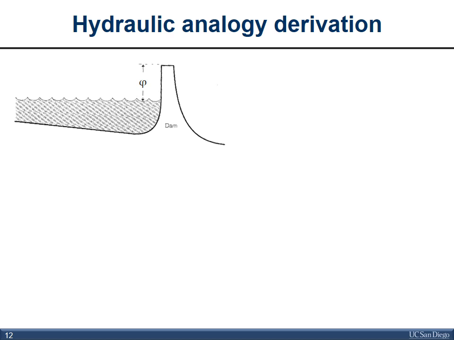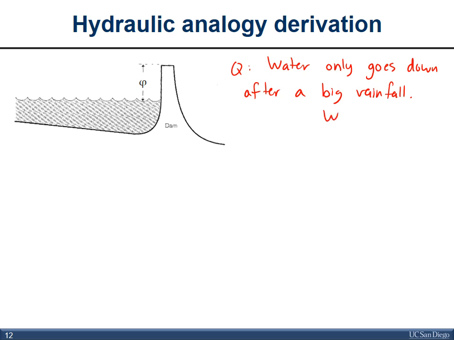But when the dam water level was much lower, the rate that the water went down wasn't occurring nearly as fast as when it was much higher. So the question that we are trying to ask ourselves is, water only goes down after a big rainfall, and why?